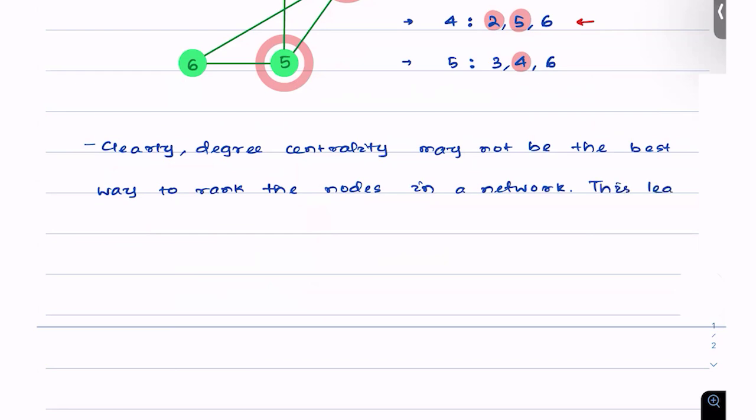This leads us to something known as eigenvector centrality.